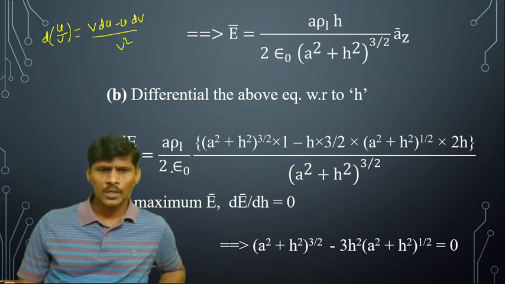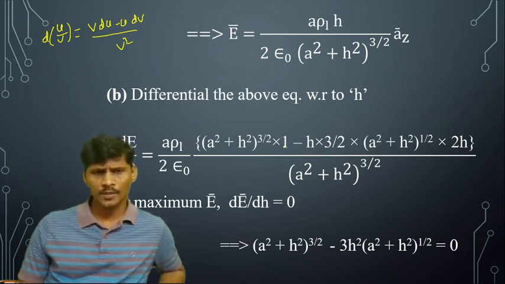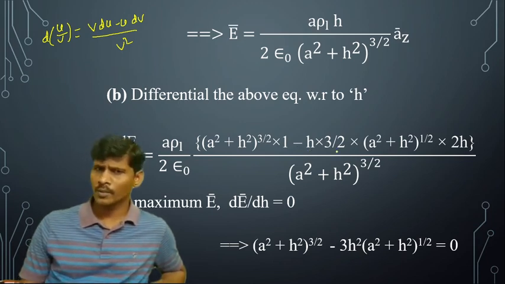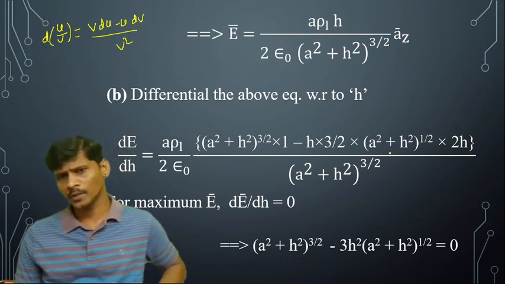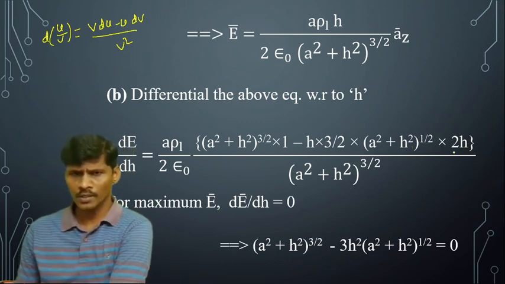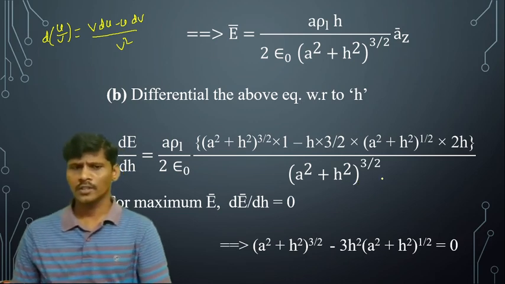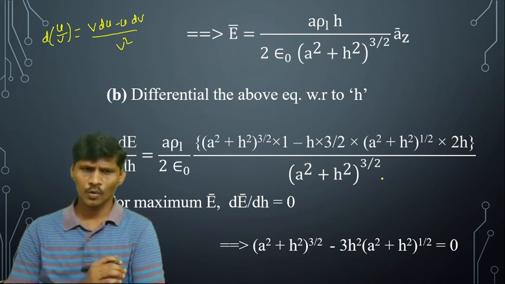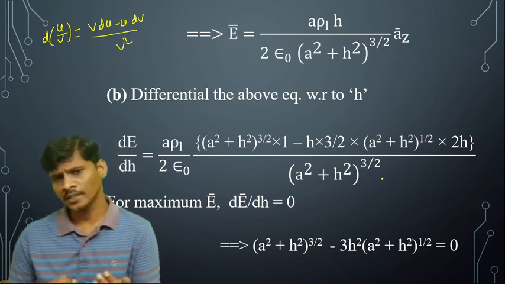a rho L by 2 pi epsilon naught into (a square plus h square) whole to the power 3 by 2 into derivative of h, which is 1, minus h into derivative of the denominator, which is 3 by 2 into (a square plus h square) whole to the power of 1 by 2 into derivative of h square, which is 2h, divided by (a square plus h square) to the power 3 by 2 whole square. 3 by 2 whole square is 3, and dE by dh is equal to 0.